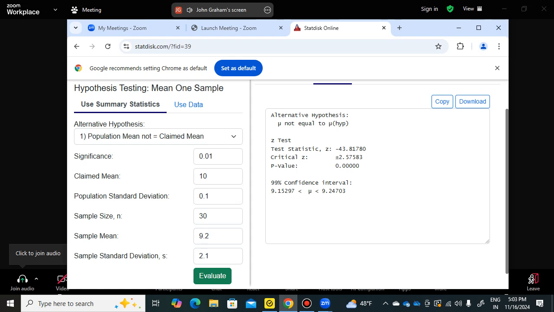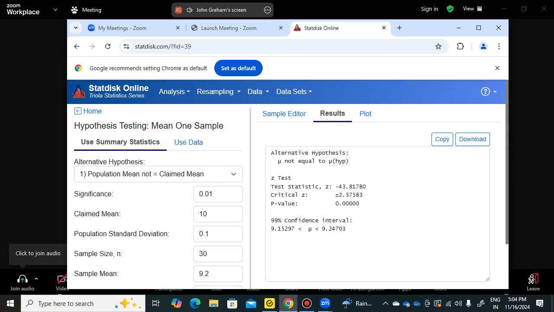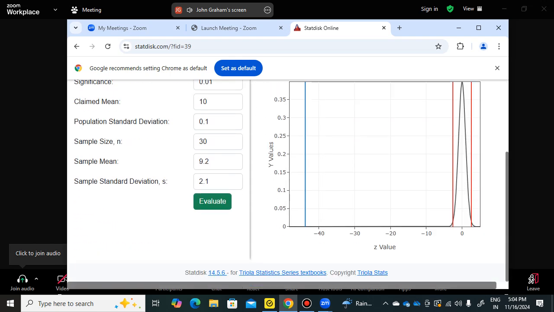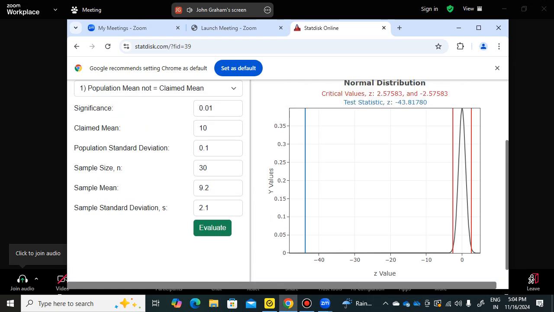Now we'll get a test statistic that's negative 43.8, and we'll get a z distribution, and we get a p-value that is 0. So when we look at our critical value region, we're significantly lower in our rejection region.